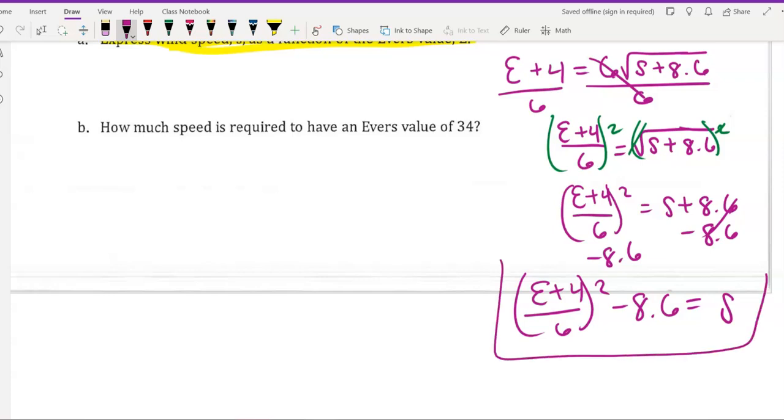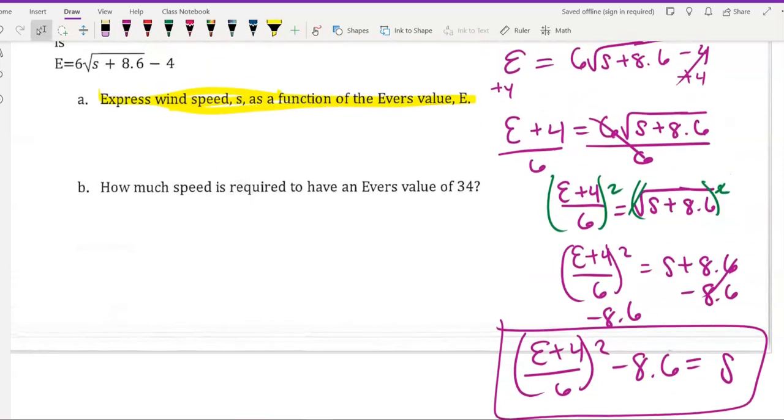All right, there's our answer. We now solved for s, or expressed the function as a value of s. Expressed whatever. We solved for s, that's what we did. So that can go here. And how much speed is required to have an Evers value of 34?